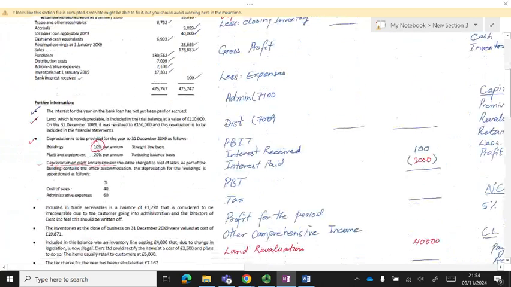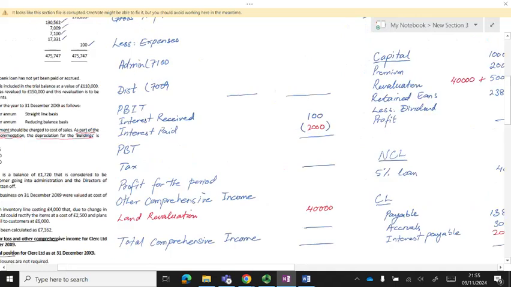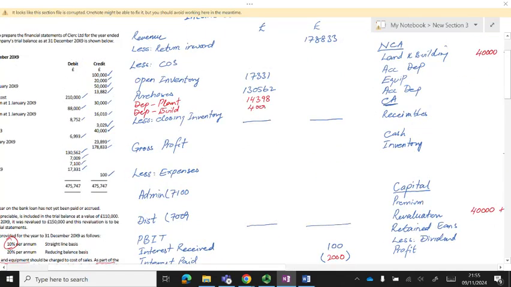Right. Then it says that as part of the building contains office accommodation, the depreciation of the building is apportioned as follows: to cost of sales 40%, to administration expense 60%. So cost of sales 4,000, and admin is 6,000.